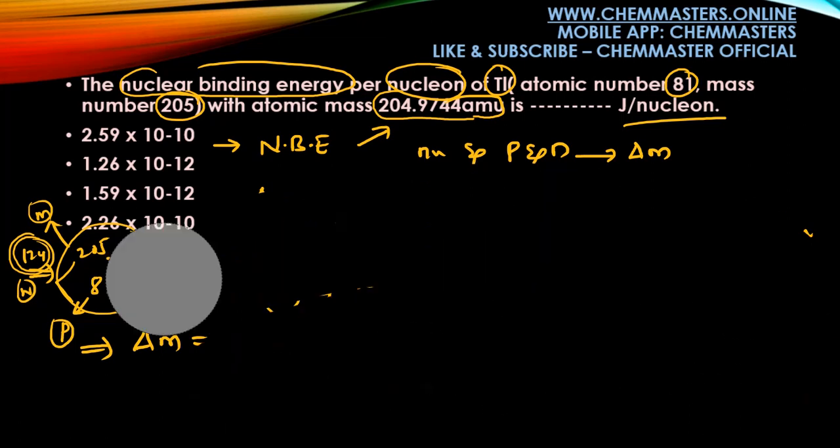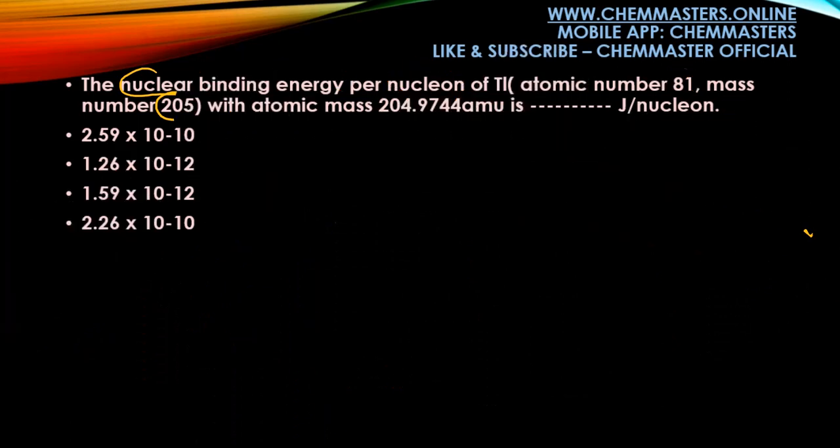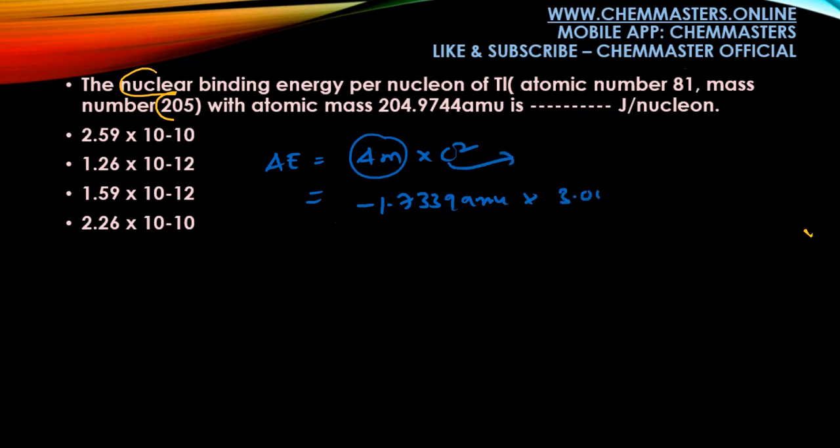Now we need to use Einstein's mass-energy relationship, that is delta E equals delta M into C square. Substituting the delta M we calculated, minus 1.7339 atomic mass units into C square, where C is the velocity of light, 3 into 10 power 8 meter per second, whole square.